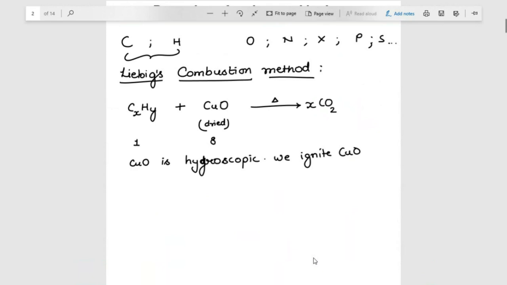As a result, the x carbon is converted to xCO2, and the y hydrogen is converted to y/2 H2O. Since we are heating strongly, almost burning it, both will be obtained as a gaseous mixture. The CuO will be converted to copper, which will be solid and left behind. We are only interested in this gaseous mixture.